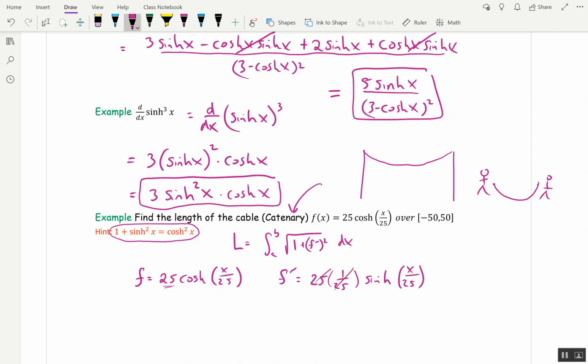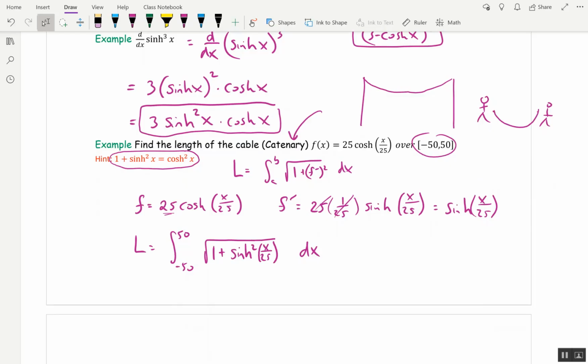So the 25s cancel, and our derivative is just sinh of x over 25. Okay, so our arc length is going to be, L is the integral from -50 to 50, that was given in the problem, of the square root of 1 plus sinh squared of x over 25 dx.